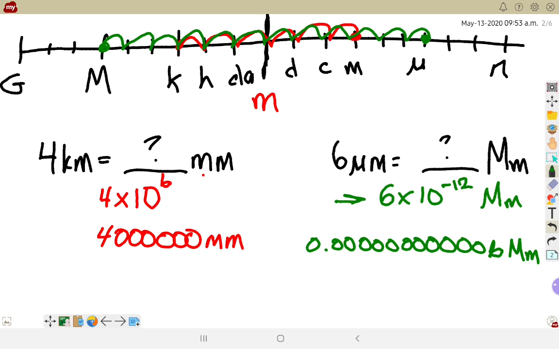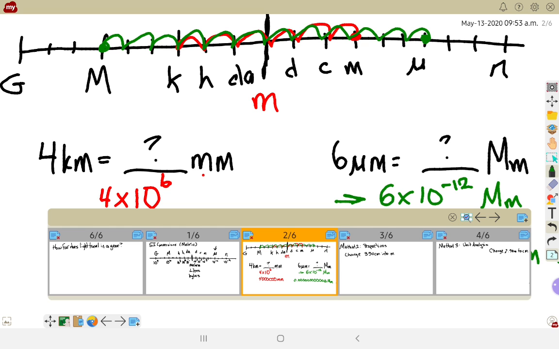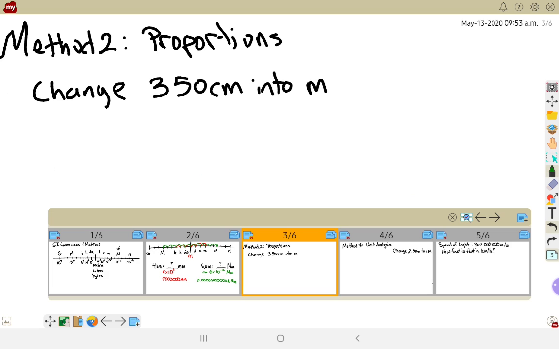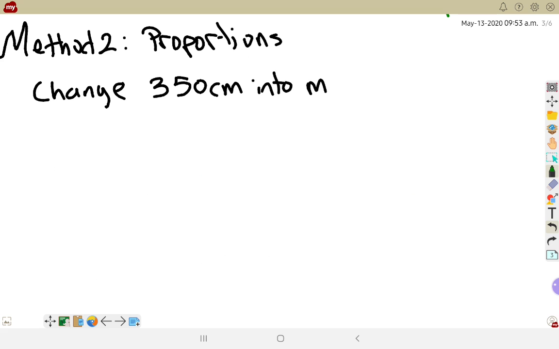Okay, so that's one way of converting, using the metric number line, but that requires you to have the number line, or at least have it memorized. Most of you are probably pretty familiar with using proportions, and this is probably how most of you would go about doing it. If I want to change 350 centimeters into meters, I would start off by saying, well, I know in every 1 meter I have 100 centimeters.